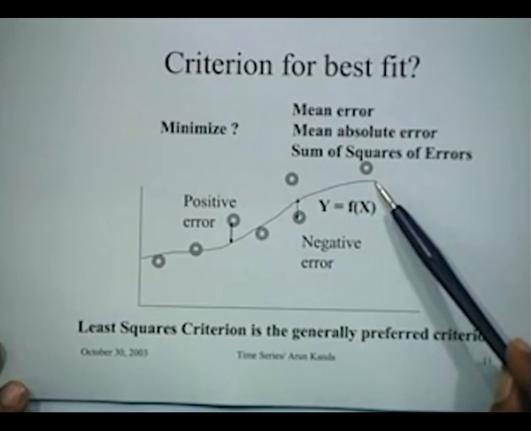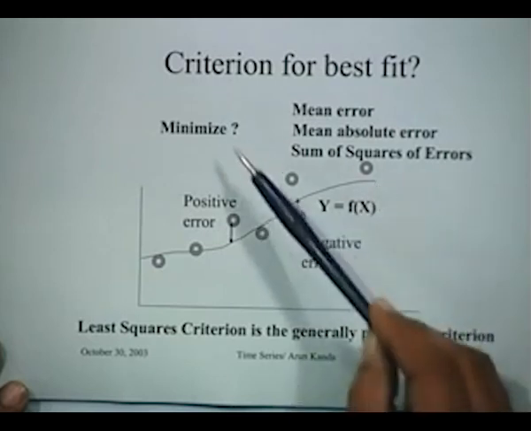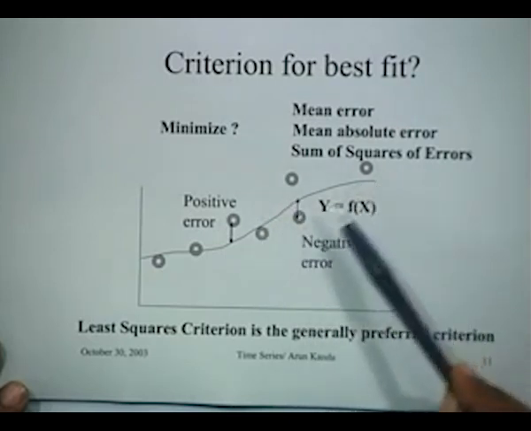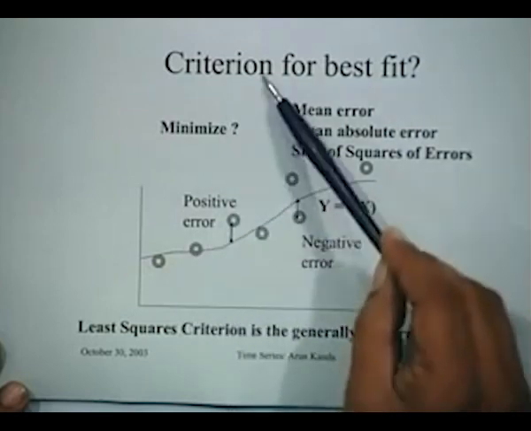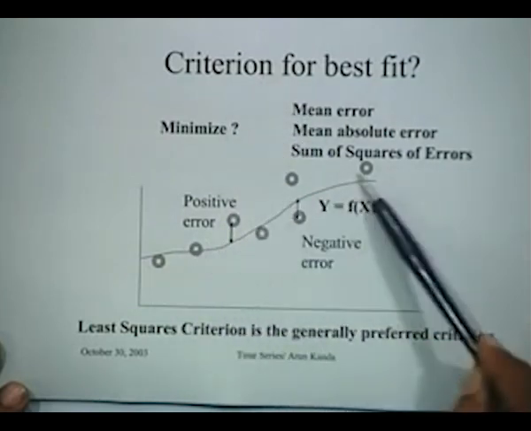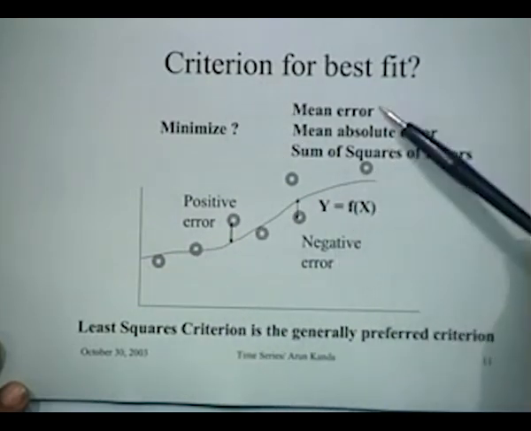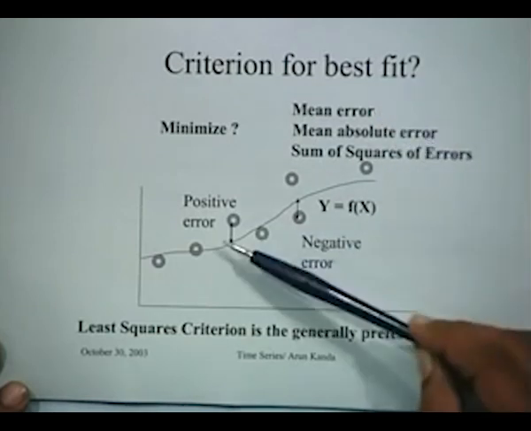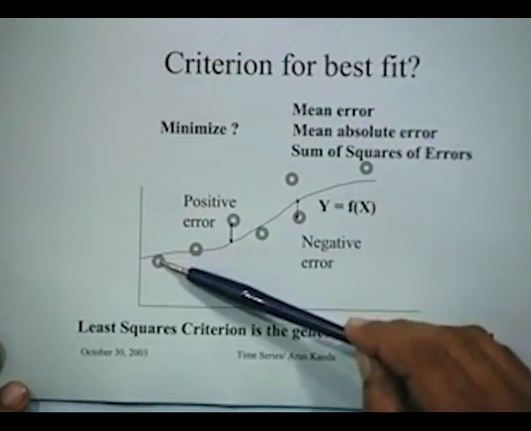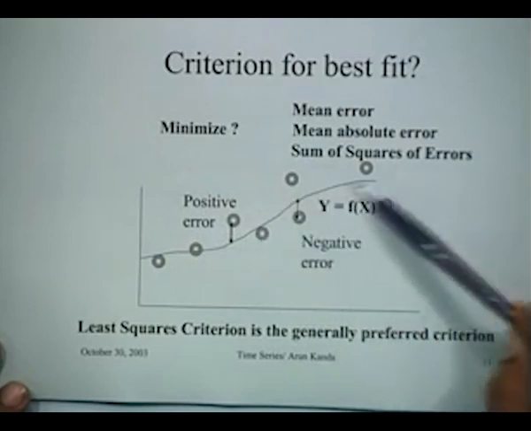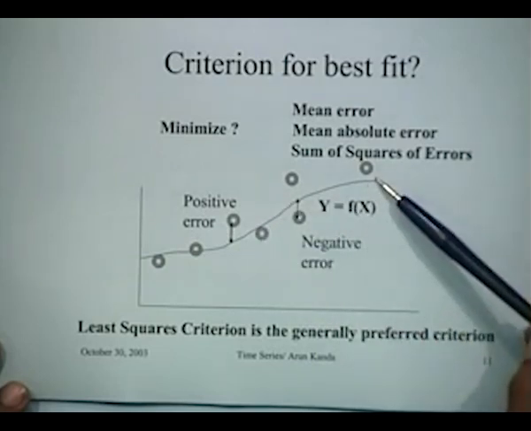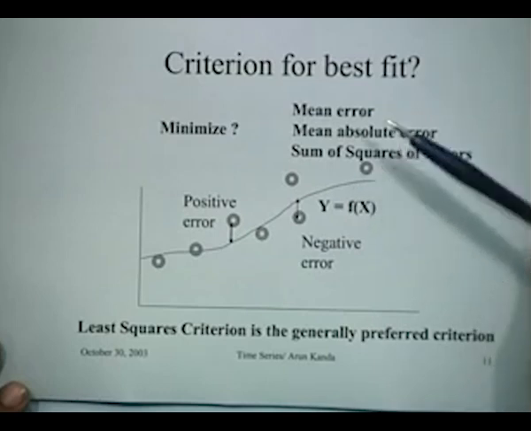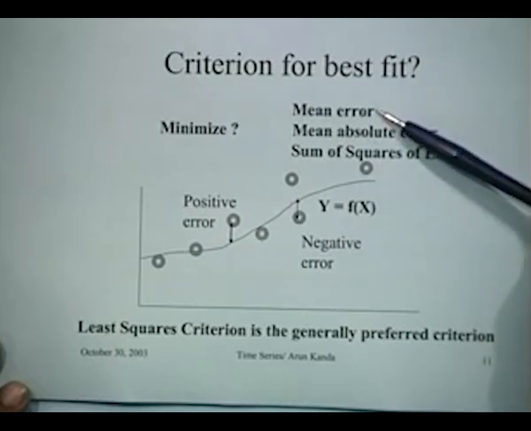But normally, since that is not possible, we try to develop a criterion which is based on these error functions. One of the criteria that has been used is the mean error. That means you calculate the error here, some positive errors, some negative errors, and ultimately calculate the mean, and you are interested in minimizing the mean error. Clearly this is not a very good criterion.